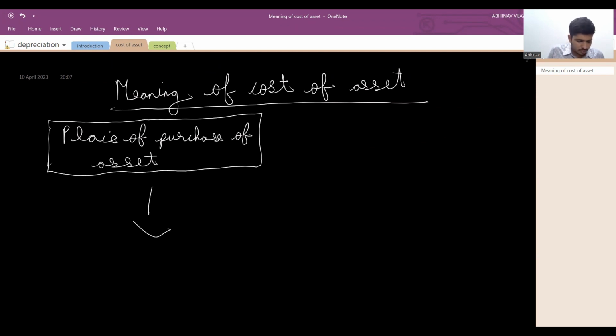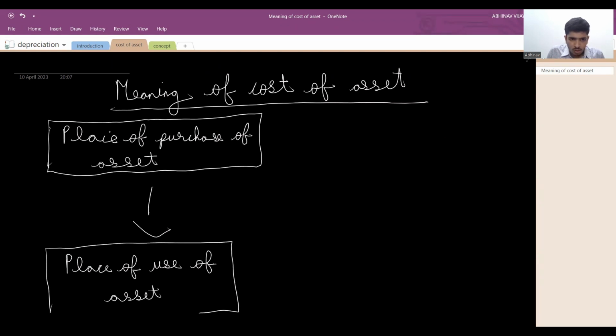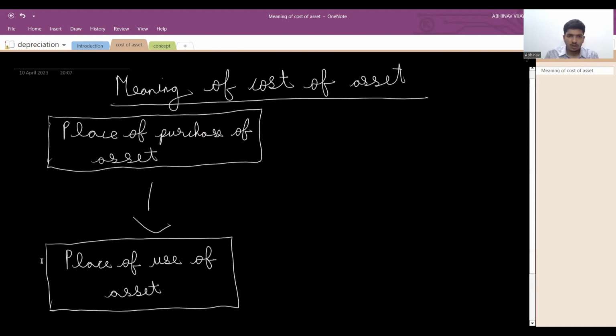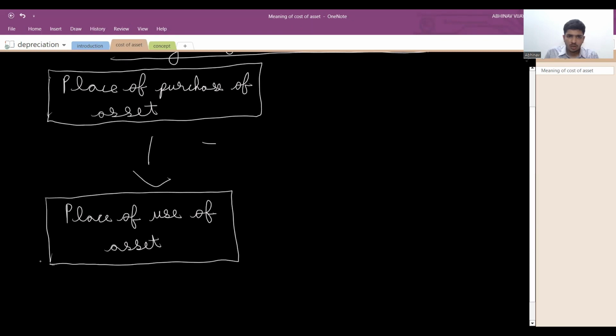Then place of use of asset. Wait, I'll explain. Just write it down for now.